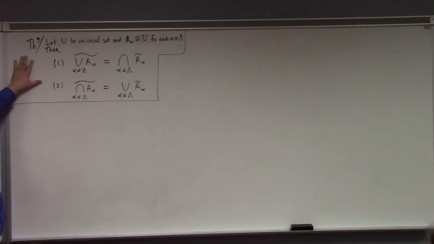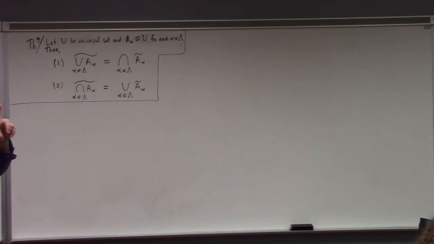And number 2: the complement of the intersection is the union of the complements. But you notice that these are over arbitrary unions and arbitrary intersections, right? I stated this for 2 sets before. That was De Morgan's laws, right? So De Morgan's laws extend over arbitrary unions.